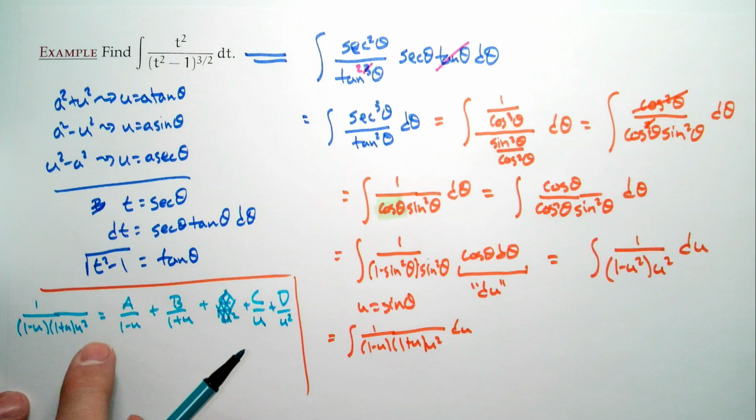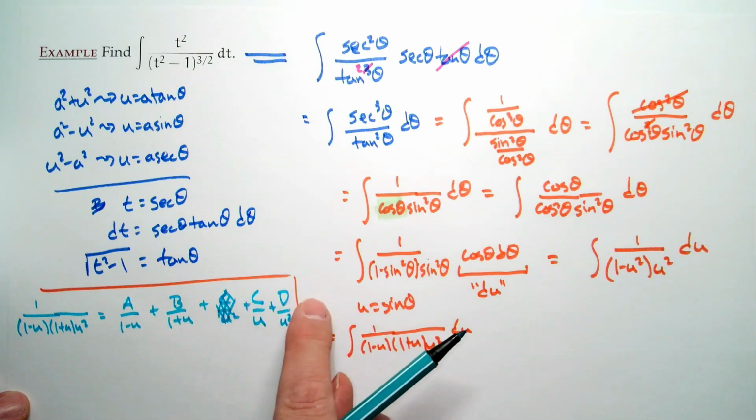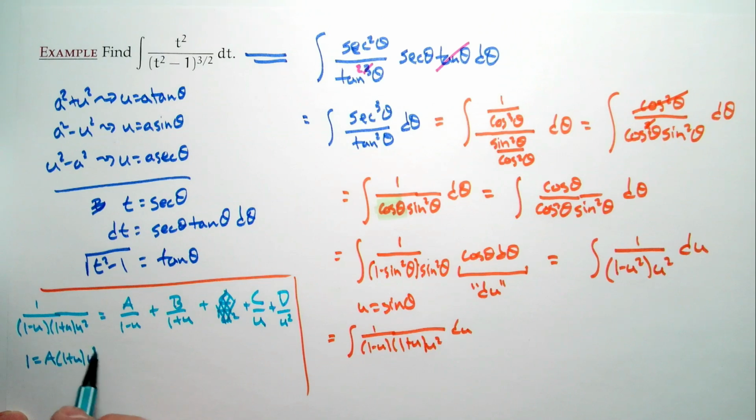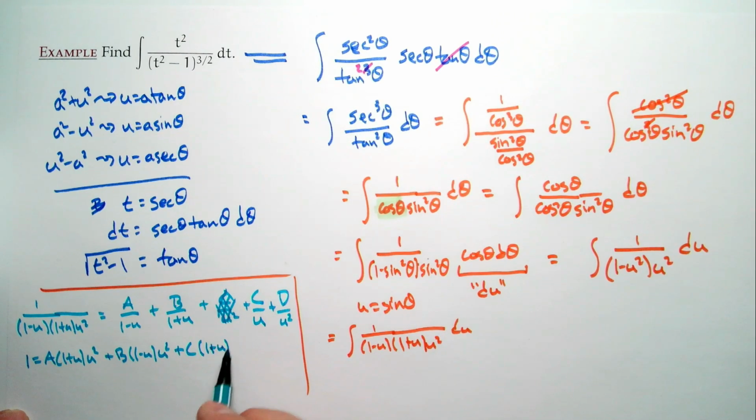See, you have to have as many unknowns as the degree. This is a 4th degree downstairs. So whenever you have a repeated factor like u squared, you have to have something over u squared. Clear your denominators. You're going to get 1 equals a times 1 plus u times u squared plus b times 1 minus u times u squared plus c times 1 plus u times 1 minus u times u plus d times 1 plus u times 1 minus u.